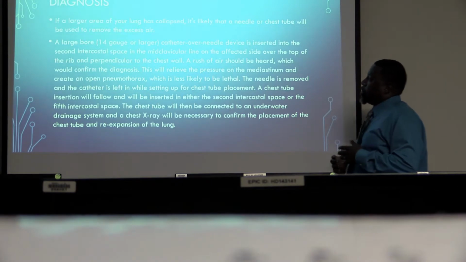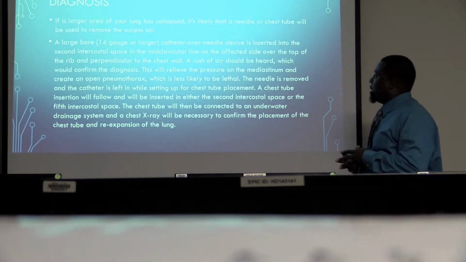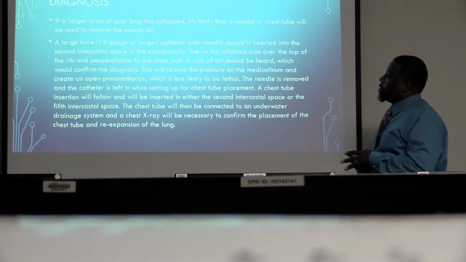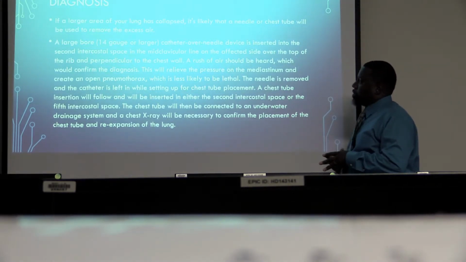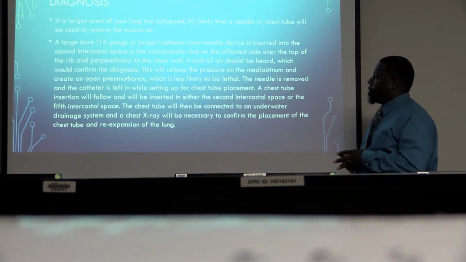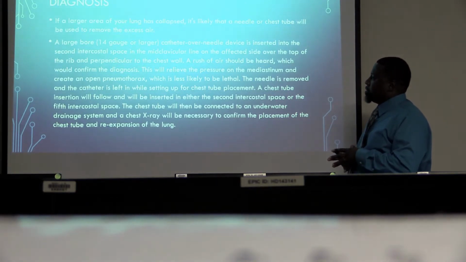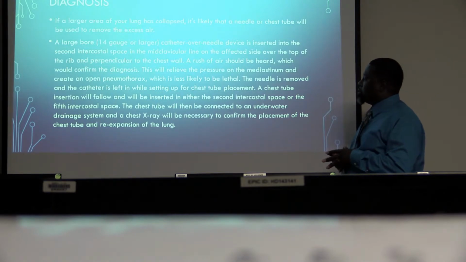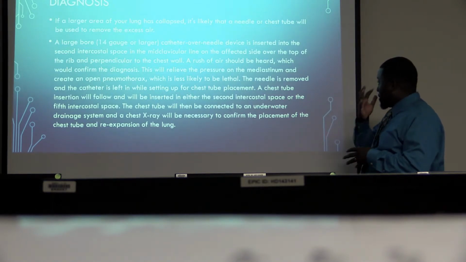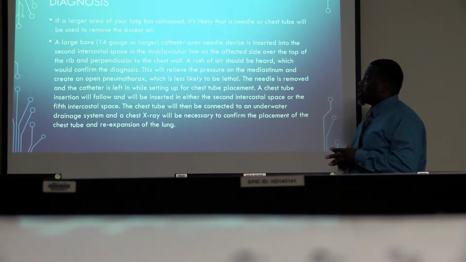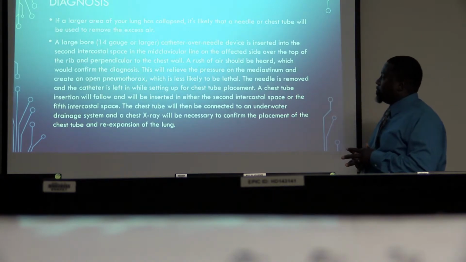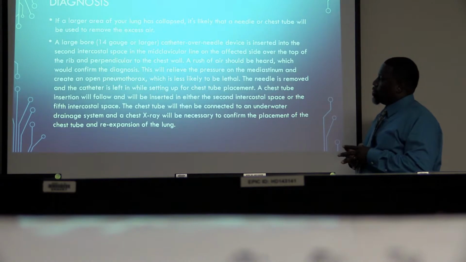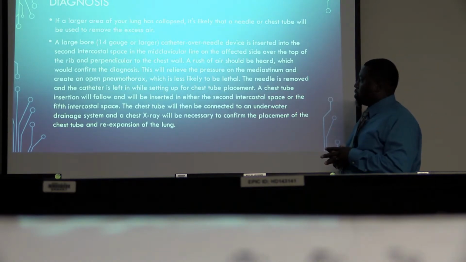If a larger area of your lung has collapsed, it's likely that a needle or chest tube will be used to remove the excess air. In needle decompression, a large bore 14 gauge or larger catheter-over-needle device is inserted into the second intercostal space in the midclavicular line of the affected side, over the top of the rib and perpendicular to the chest wall.